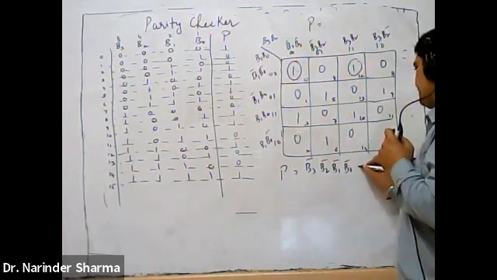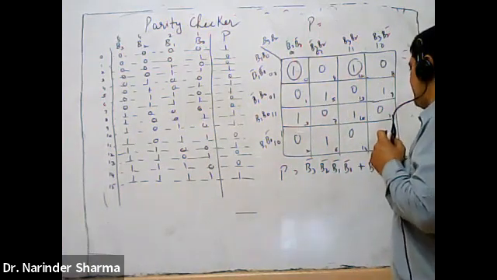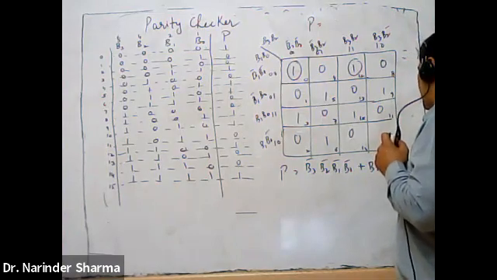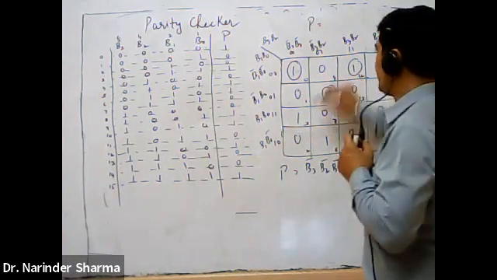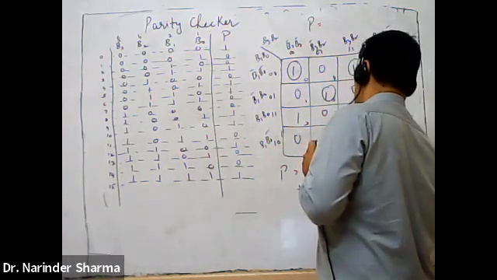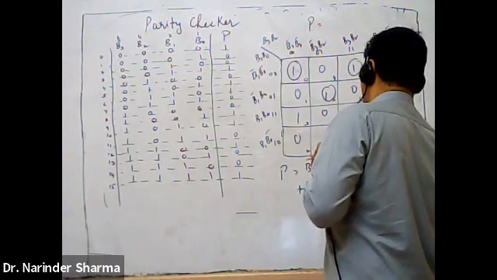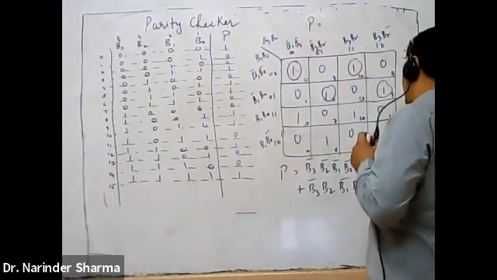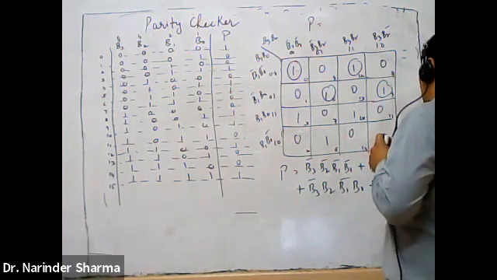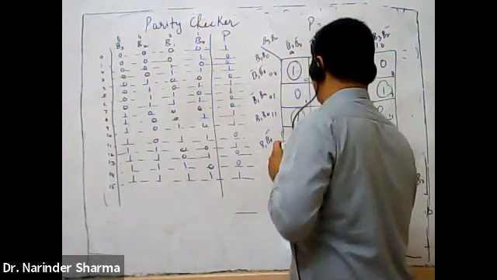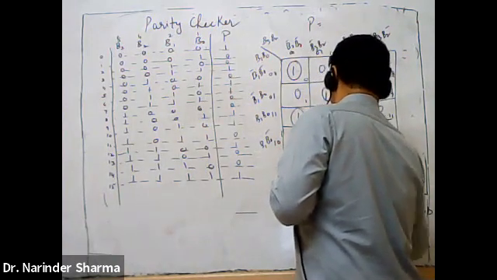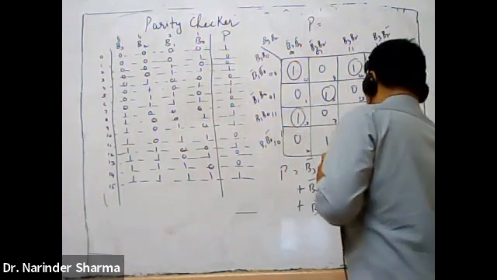For this expression, B3, B2, B1 bar, B0 bar. For this expression, write B3 bar, B2, B1 bar, B0. For this expression, you can write B3, B2 bar, B1 bar, B0. For this expression, you have to write B3 bar, B2 bar, B1, B0.